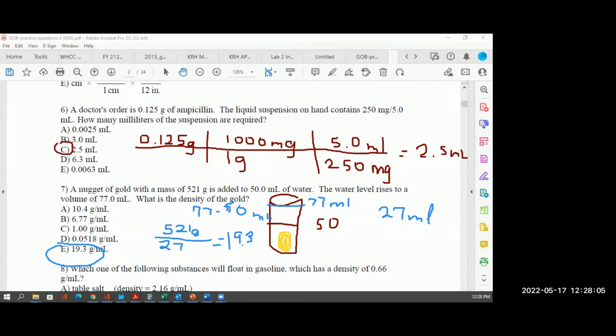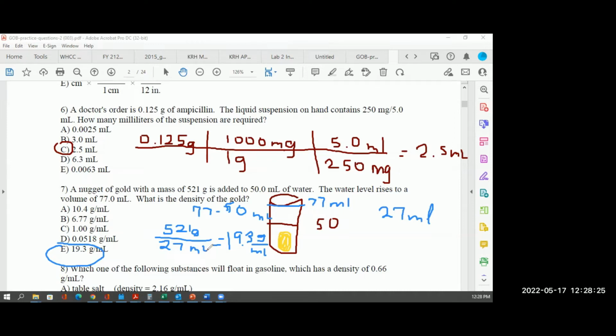Okay, so that's one of the reasons why we pay attention to those units, because it often will help us, particularly on standardized tests, to set up the equation right. You guys understand? It gives you the way to find the answer.